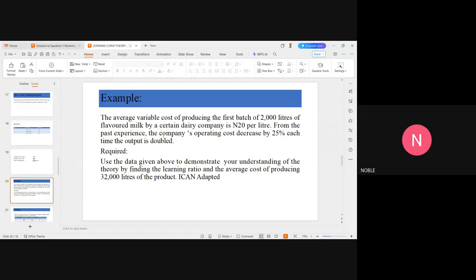From past experience, the company's operating costs decreased by 25% each time the output is doubled. Required: use the data given above to demonstrate your understanding of the theory by finding the learning ratio and the average cost of producing 32,000 liters of the products.